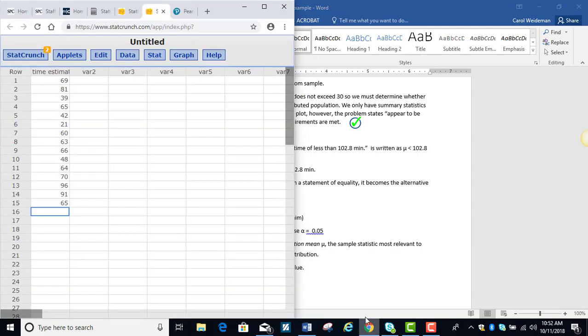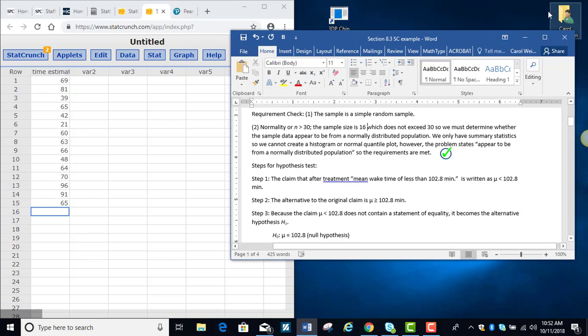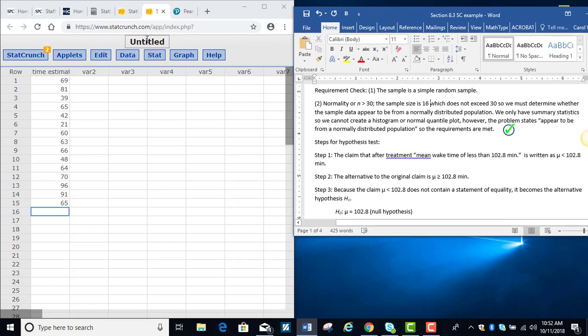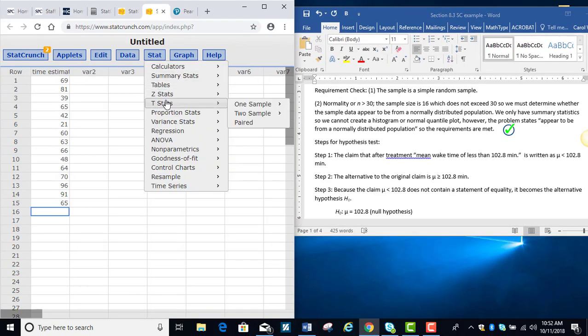So I've got StatCrunch open, and I'm going to go ahead and go to Stat, T Stats, One Sample, and this time with Summary.